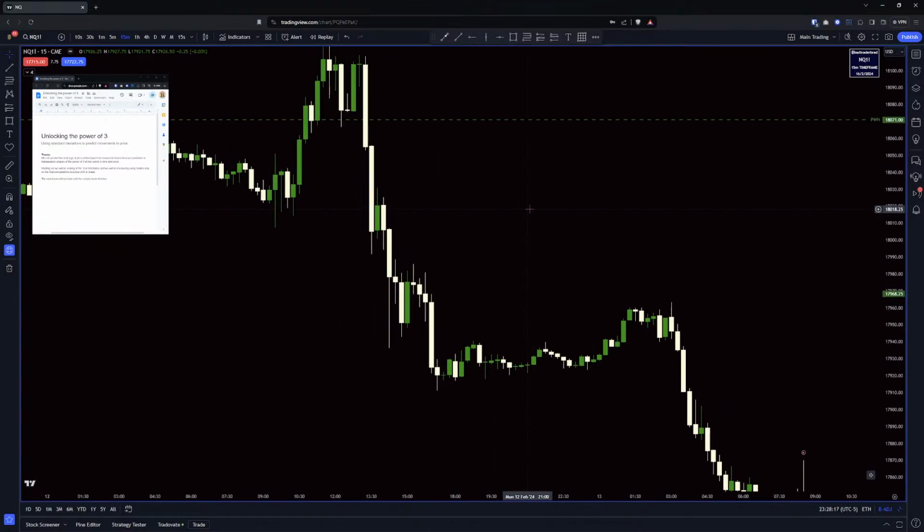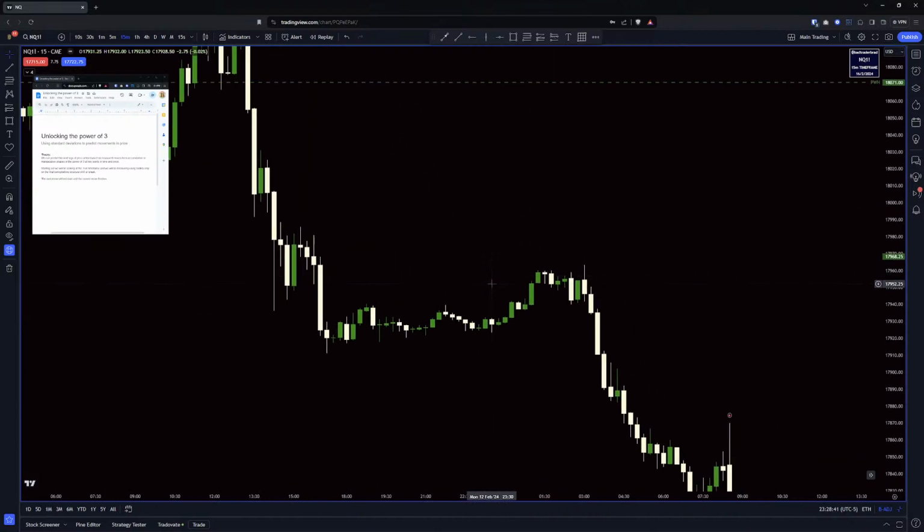We correctly predicted the start and the end of the manipulation move. We correctly predicted the start and the end of the distribution move. That's huge. I mean, you're talking hundreds of points, man. Hundreds of points in NQ off of these moves.